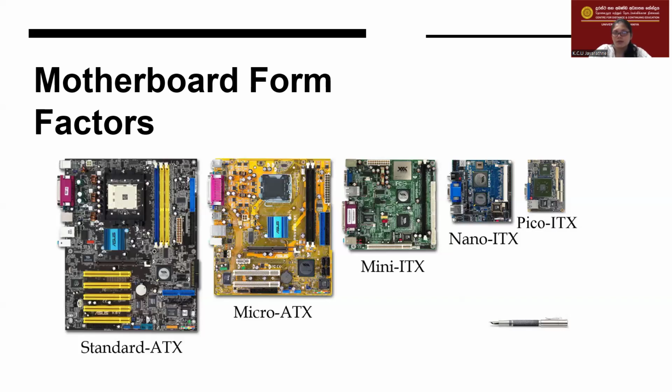So they can function more completely. Standard ATX boards have more functions, so for processing with more functions they need a big space. That is why standard ATX is mainly used for gaming computers. Micro ATX is smaller than the standard ATX.